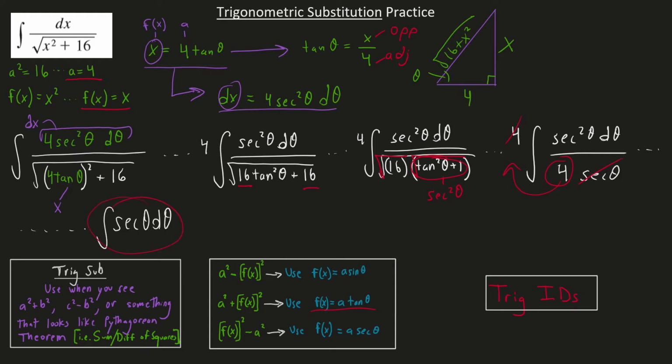I don't know the antiderivative of secant off the top of my head. I don't see a good u-sub situation. An integration by parts approach doesn't look that good. I mean, I would have to make this my u and this my dv.